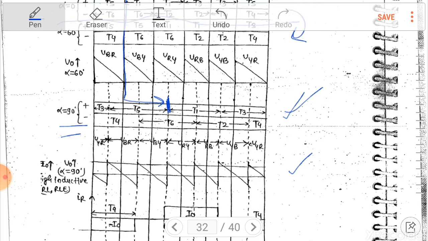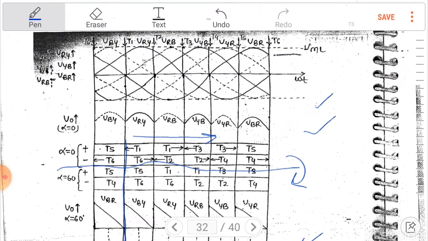In this section T1 and T6 are turned on, so T1 T6 means which voltage appears? VRY. This is VRY, and in this section it is like this. So this waveform exactly appears at the load side.